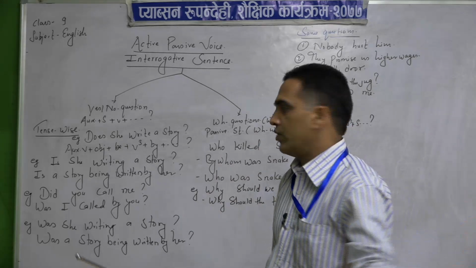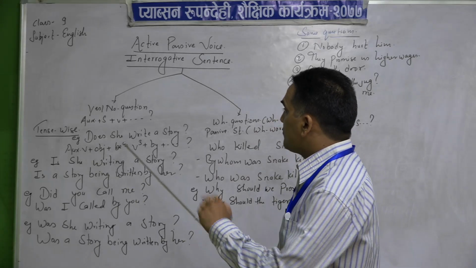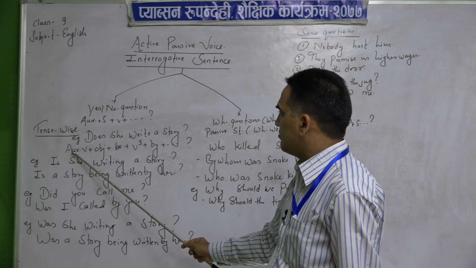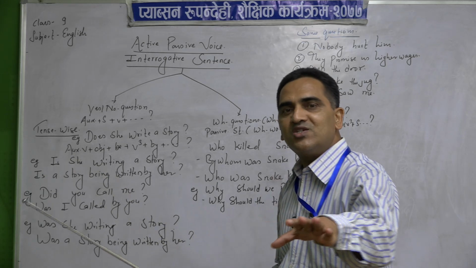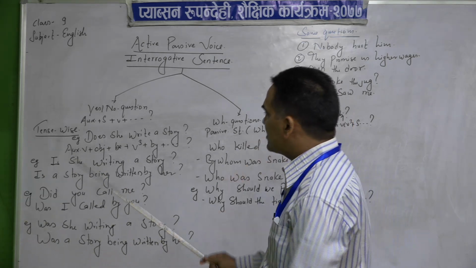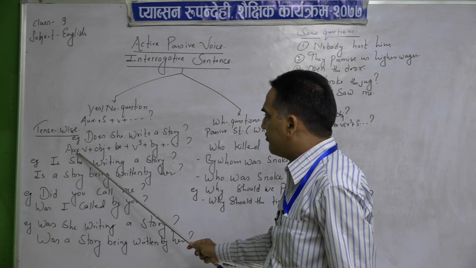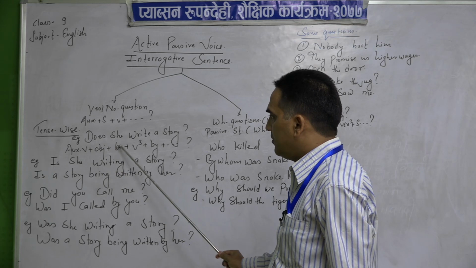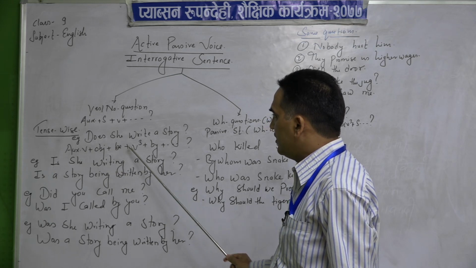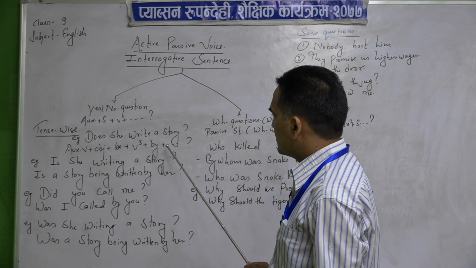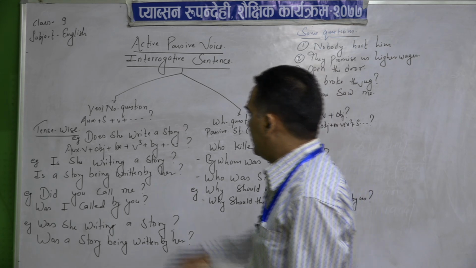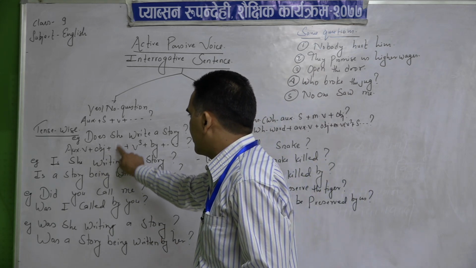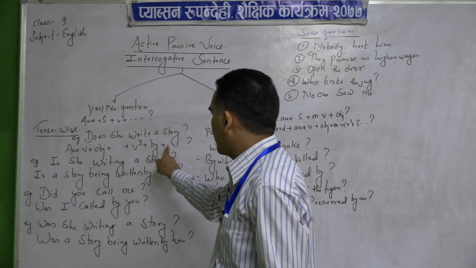Now what is the passive structure, my dear students? When you change a yes/no question into passive, what is the structure? First of all, we write the auxiliary verb on the basis of the object: auxiliary verb, object, be3 plus by plus subject.